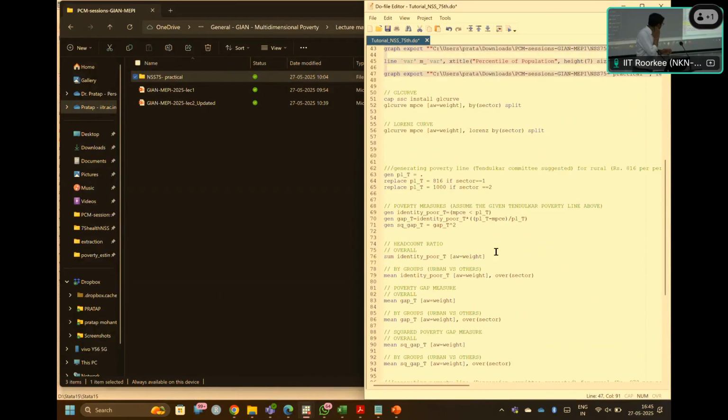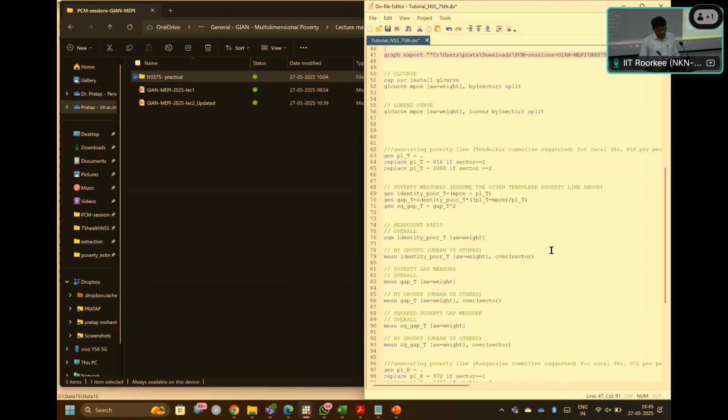Now in another two to three minutes we'll try to understand the rest of the estimation, the way we have already explained for defining the poverty line and examining the measures for headcount ratio, then by urban or rural, then for poverty gap measure, then squared poverty gap measures.